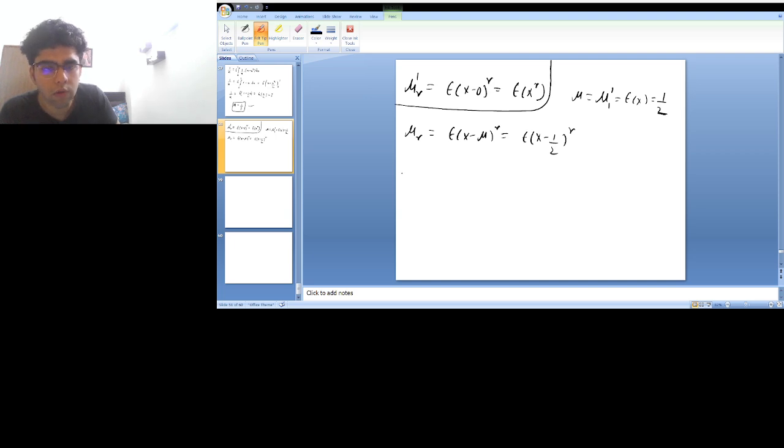So I need to find the integral from 0 to 1 of x minus half to the power r, 6 comes out, x minus x square dx. So how do I integrate this?